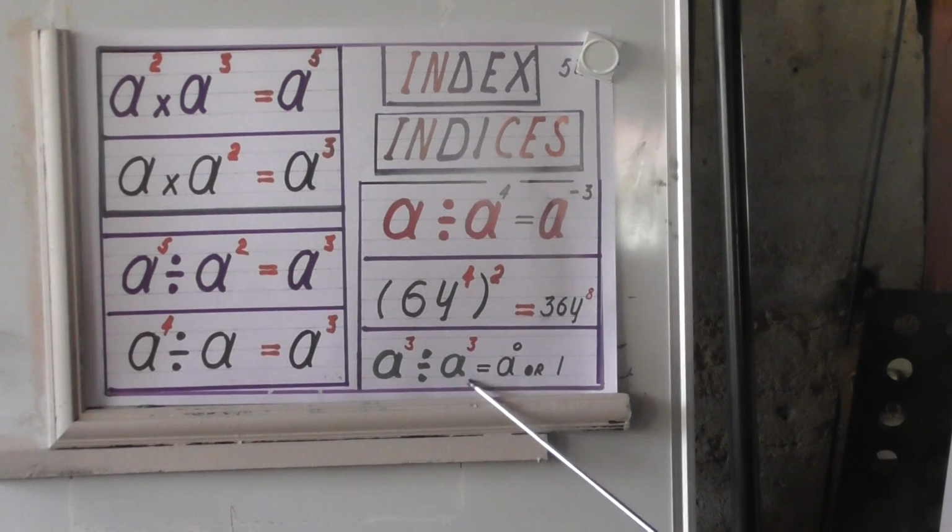This is a very peculiar one. A cube divided by a cube. Well, if we do 3 negative 3, then we can write a to the naught.